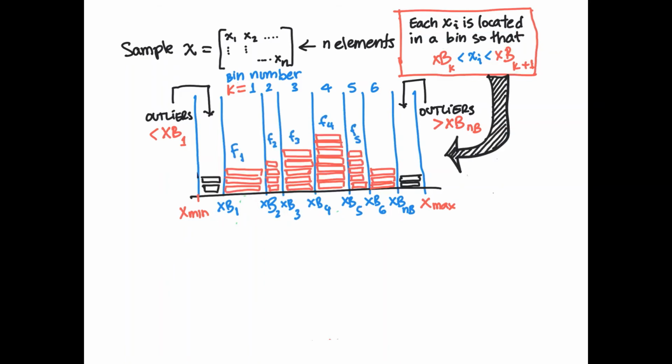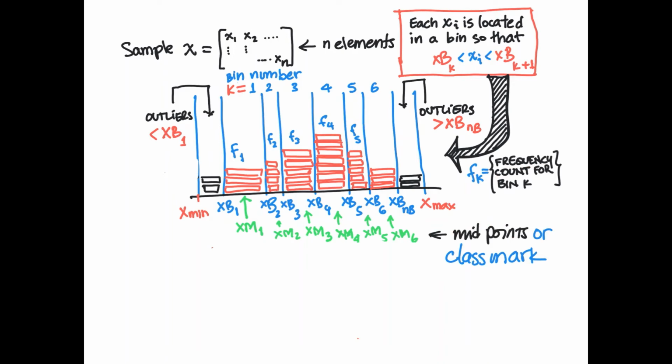And when we keep doing that, going down through all values in our sample, then we're going to have accumulated a number of data points in each one of those bins or classes. And we have a number there that follows the bin numbers. You have numbers F1, F2, F3 that are called the frequency count. And basically it's just how many values are contained in each one of the bins.